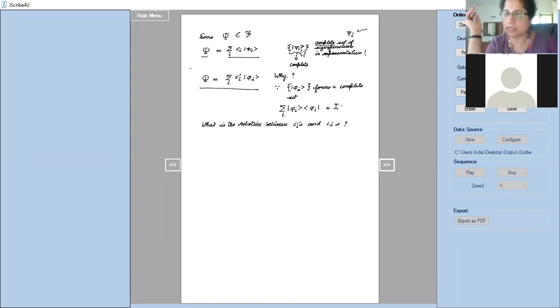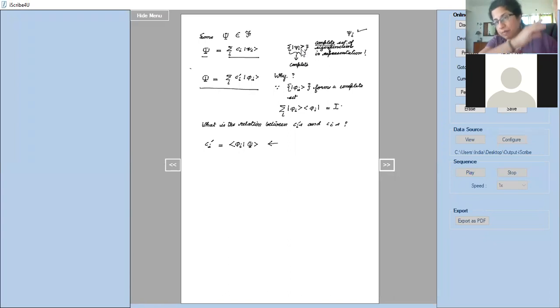So what is the relation? This is what I'm asking. Now please remember, how do I write down the Ci prime? This is going to be nothing but the inner product of phi i with this psi. This is how I will define a Ci prime.